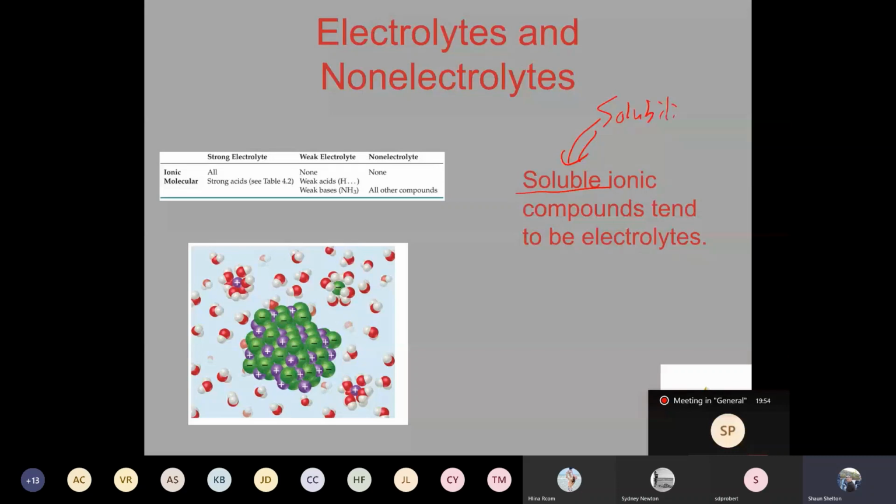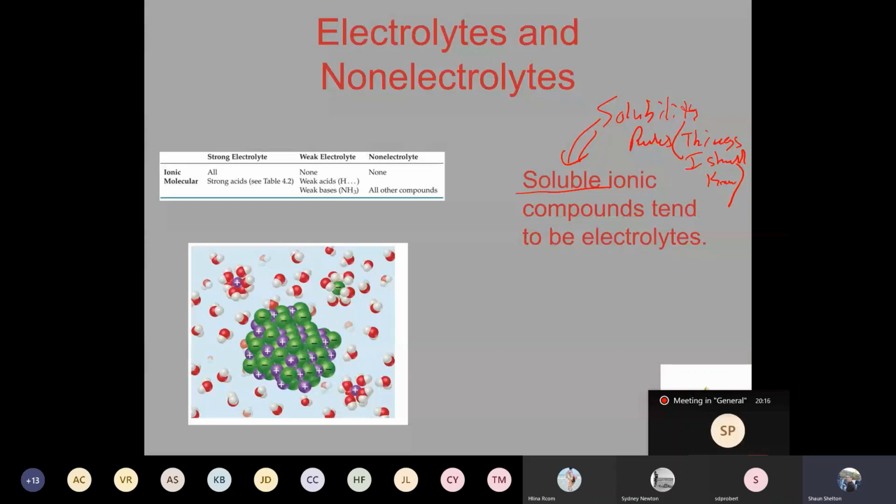One thing that you are going to be using is your Things I Should Know handout. I'm going to write this up here. You need to have this handy. Things I Should Know. This is on Moodle at the top page. The Things I Should Know handout has your polyatomic ions.